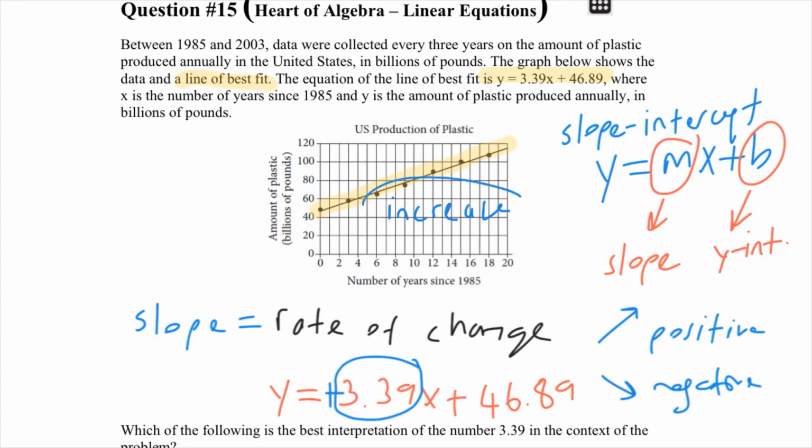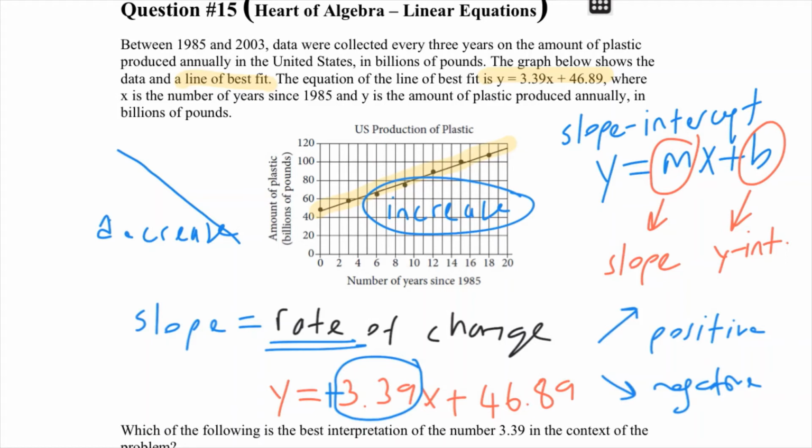It is important. So this is a rate. This is not a production, and not a number of years. We have a rate here, and it is an increase. If the graph was going down left to right, in this case it would be a decrease. If the line goes down, the slope, or the rate, should be a decrease.